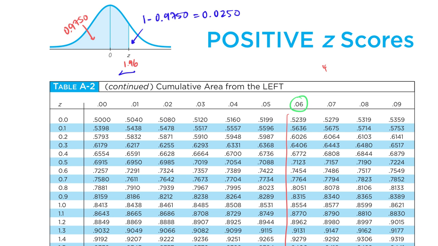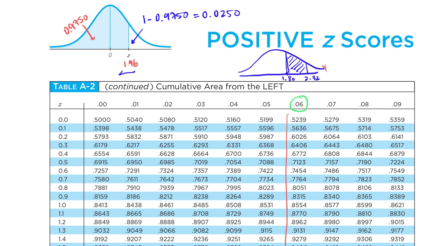And lastly, what happens if we have two z-scores and we want the area or the probability in between? Let's just say one z-score is 1.80 and another z-score is 2.32. And so we're looking for the probability between the two z-scores. Remember that the table only gives us the area on the left-hand side of the z-score.